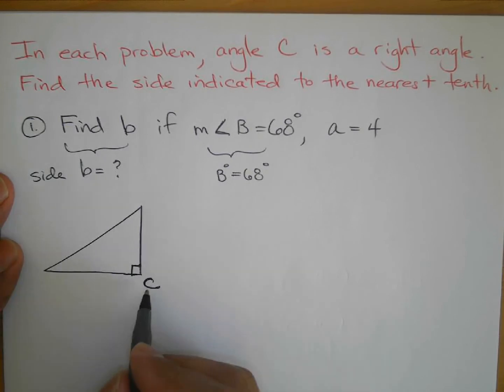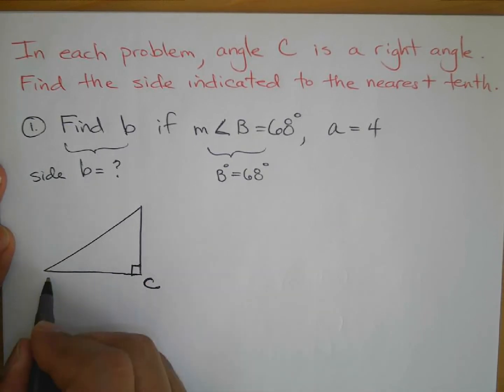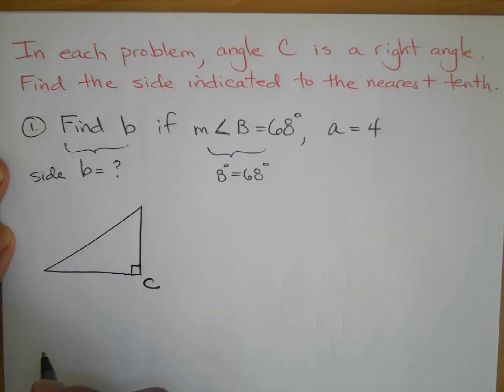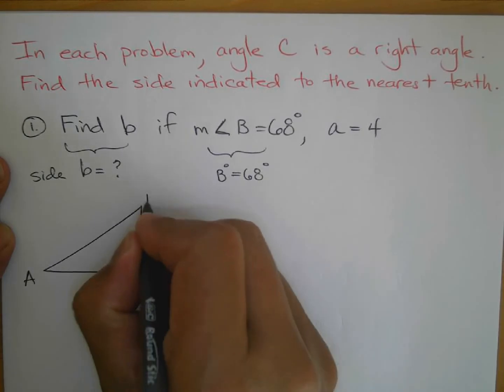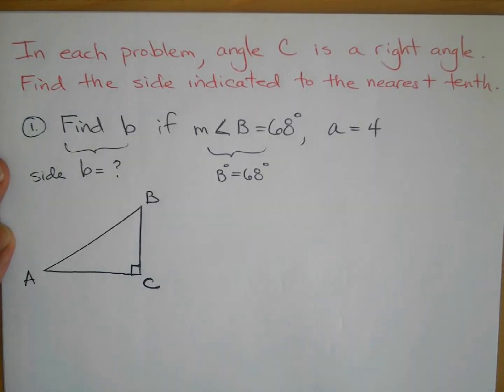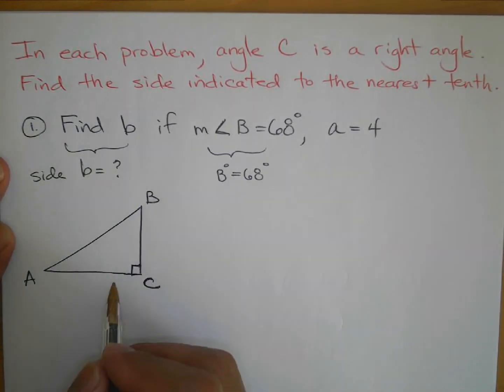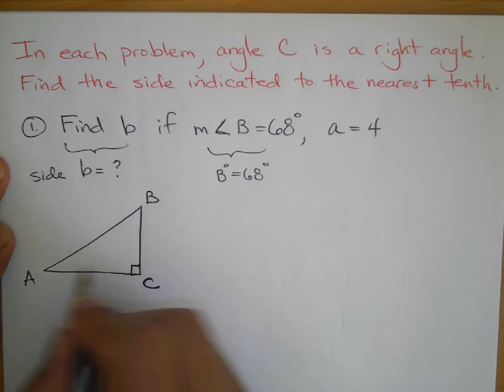The capital letters are the angles or the vertices, the corners. If that's C and the other corners are A and B, I have to have a capital A and a capital B. And the sides are the lowercase letters.